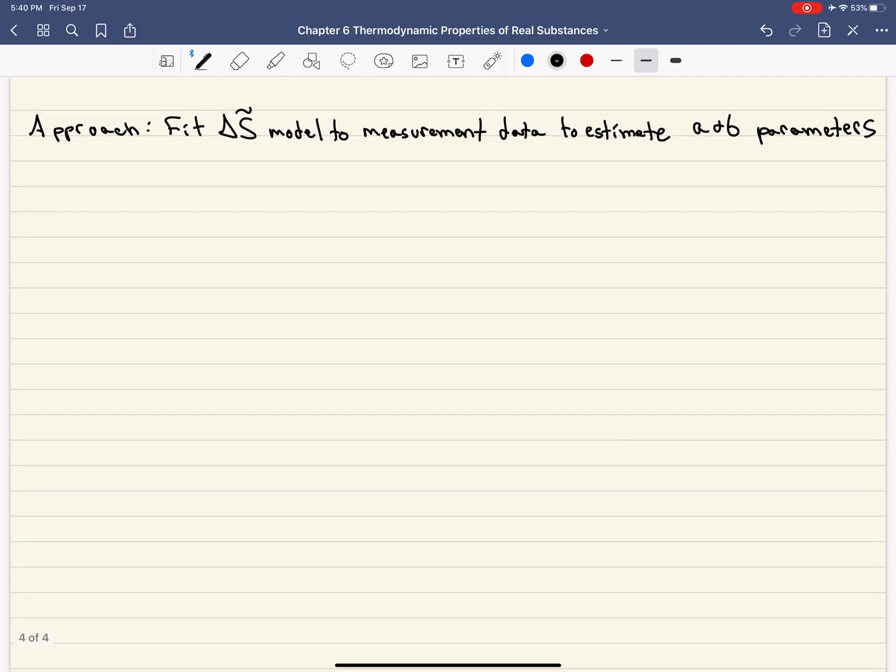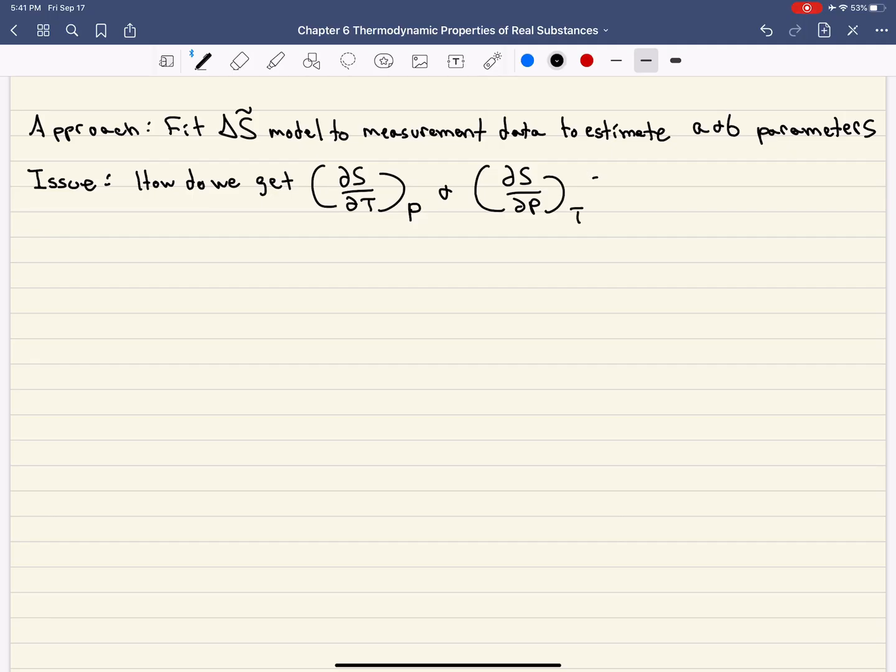But of course, there's one big issue here. I said the right-hand side is where we put all our measured data. But the big question is, how do we get dS/dT at constant P, or how do we get dS/dP at constant T? As I've stressed before, we can't measure entropy directly.